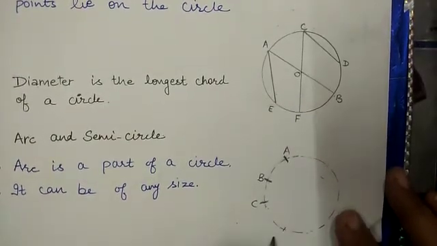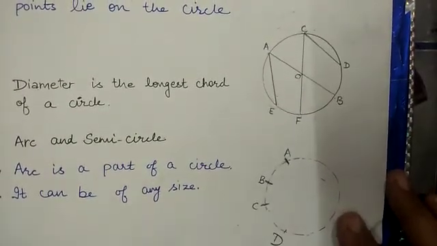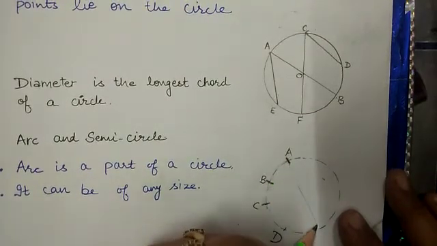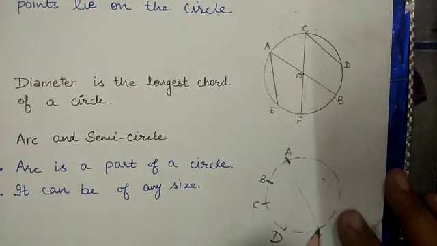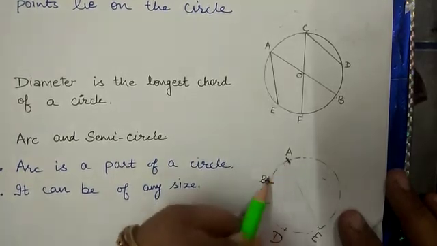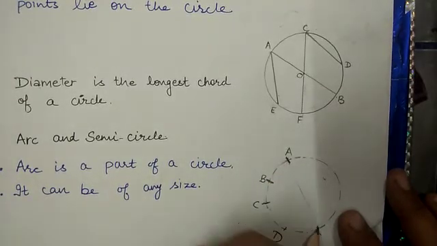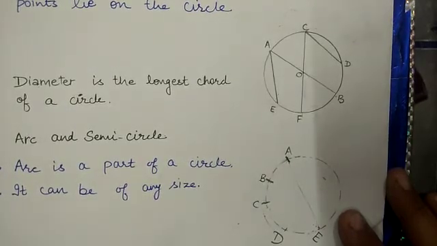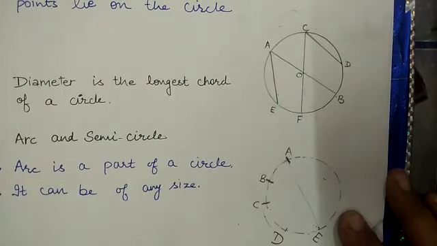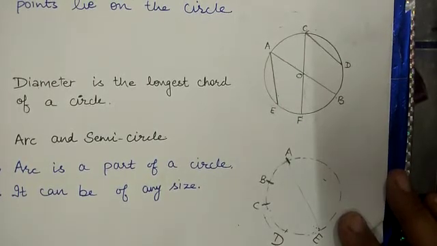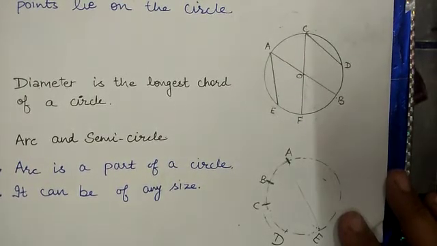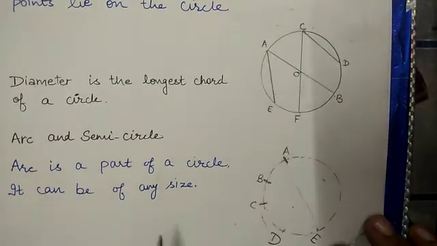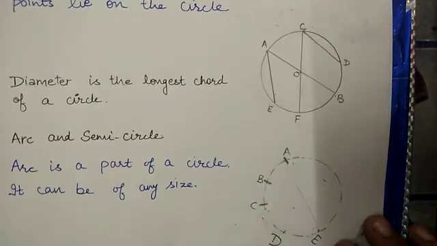If I mark a point D here, again it is representing an arc, and suppose this is the half of the circle and I am marking one more point here. So this is again an arc of the circle. It means an arc can be of any measure, any size we can take. Clear? And half of the circle is known as the semicircle.